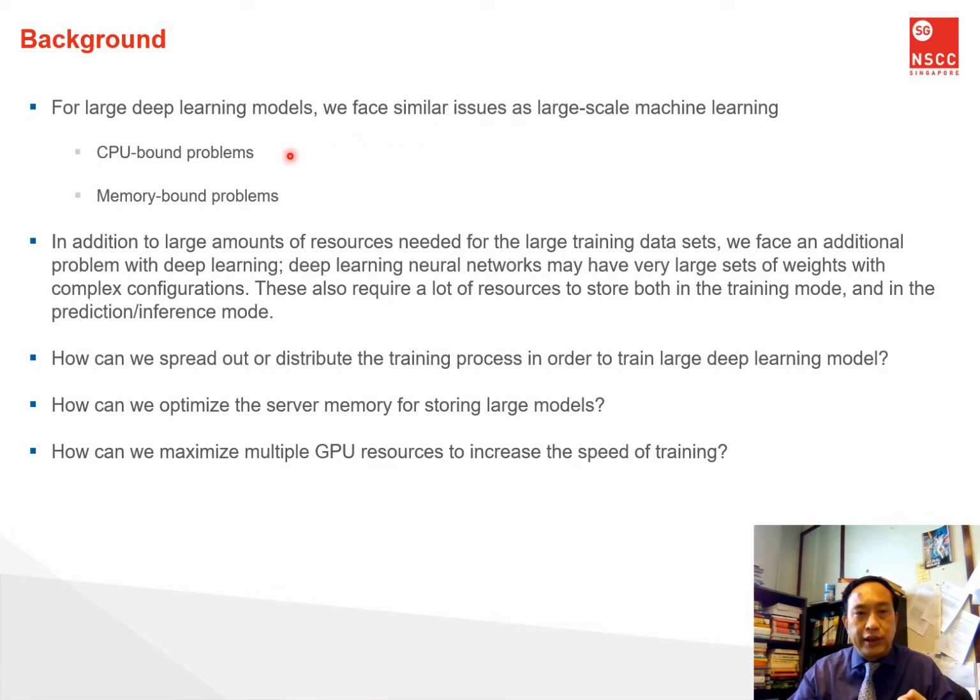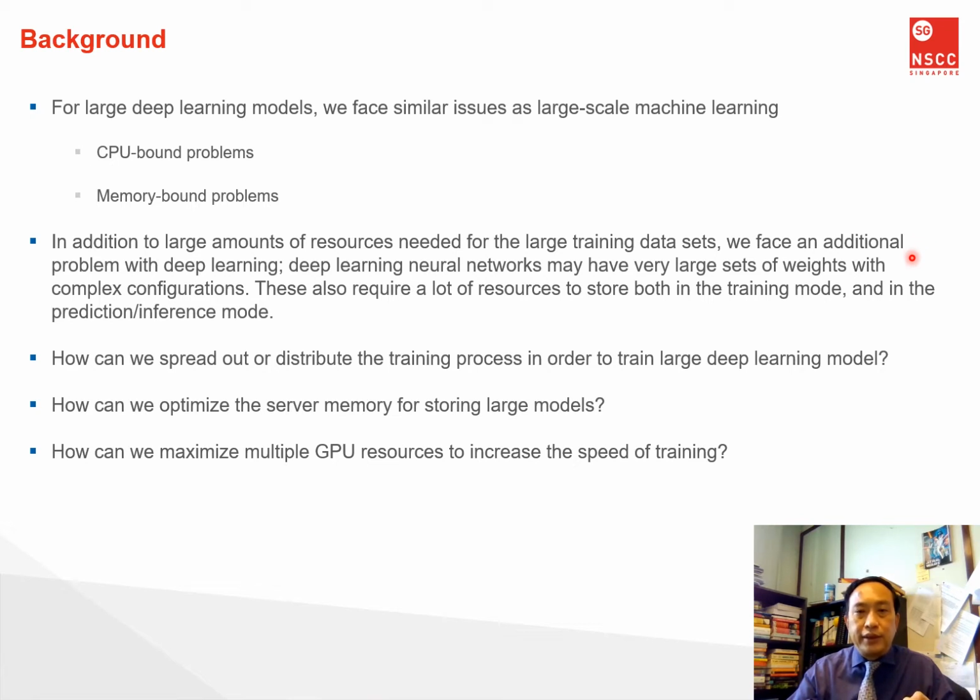So we will actually encounter what was mentioned before, CPU-bound problems, as well as memory-bound problems. So the first aspect is that we need a lot of resources. Why is memory bound? So we need a lot of resources for the large training data sets. In order to store the data set in memory, we may need gigabytes of RAM.